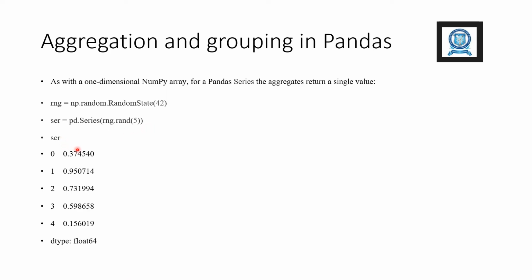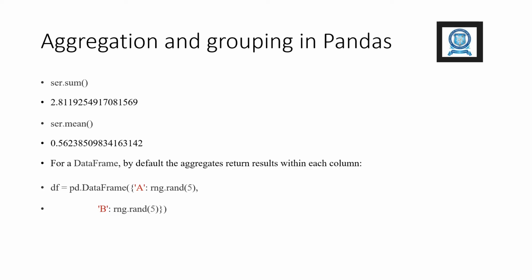If we print ser, we will get the output like this with its index values. If we use the aggregate function sum, ser.sum(), we will get the output like this. The mean is also one type of aggregate function: ser.mean(), and we will get the output like this.